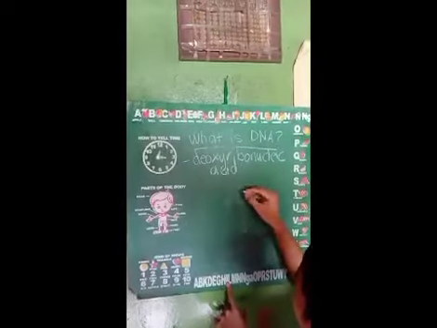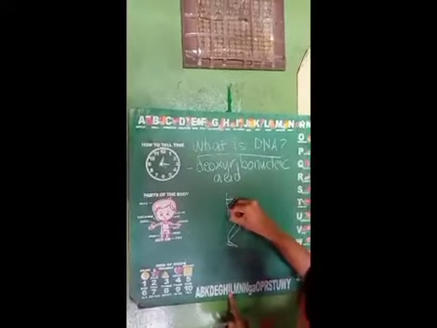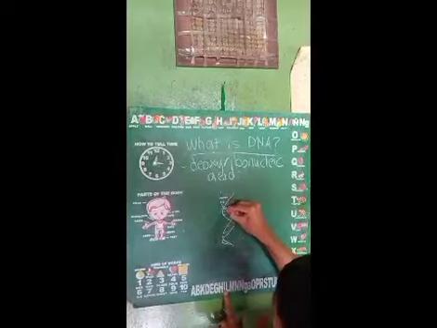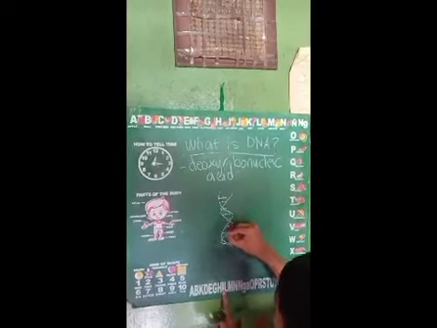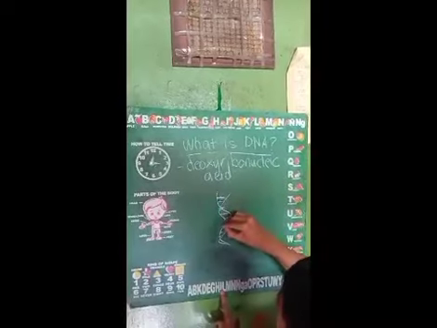The structure of DNA is a double helix strand. So as you can see here, the genetic sequence is found in this line.